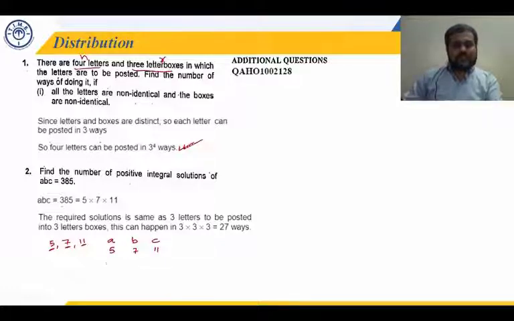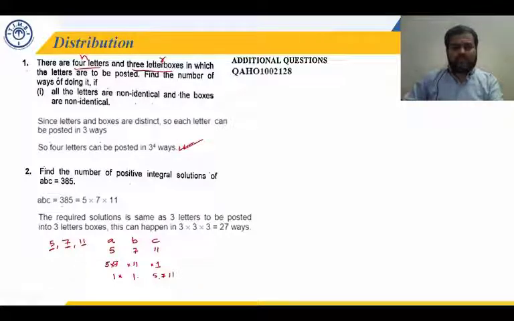It is also possible that 5 and 7 both come into this box, 11 comes into this box, and the box which has nothing is basically the number 1. So 5 into 7 into 11 into 1, that also gives you 385. Or it is possible that 5 is here, 7 is also here, and 11 is also here, and the other two boxes are empty, which means basically they are numbers 1 and 1.